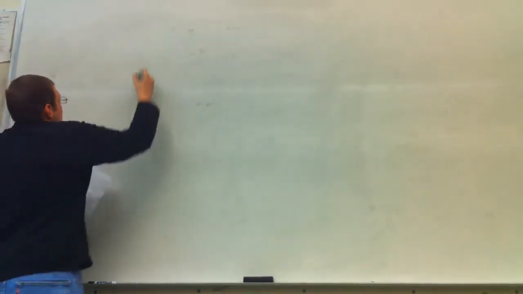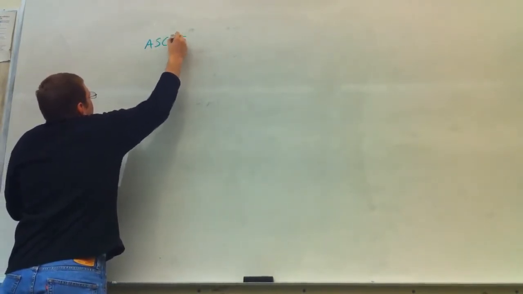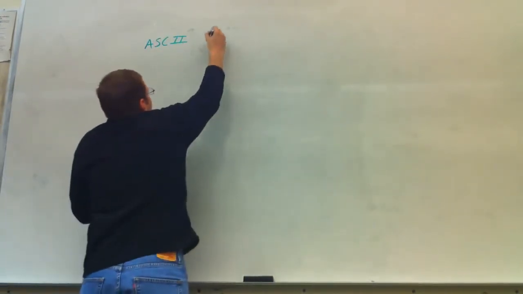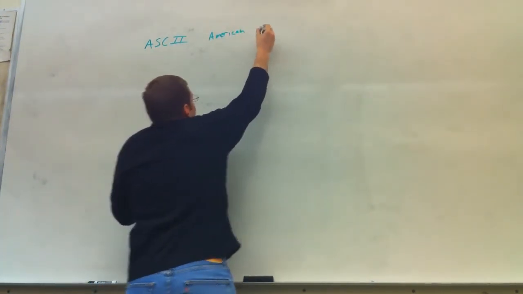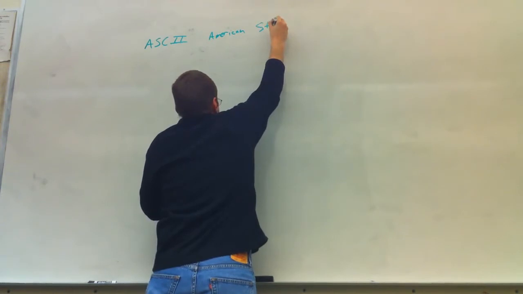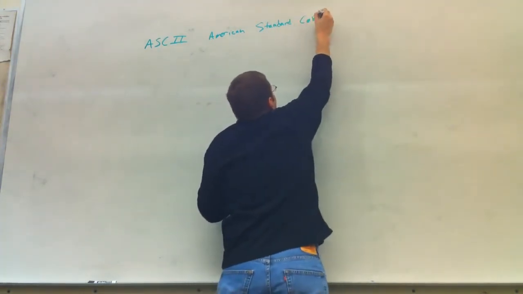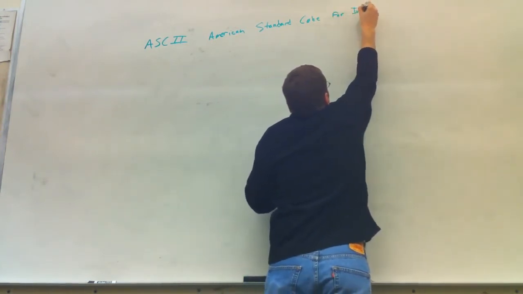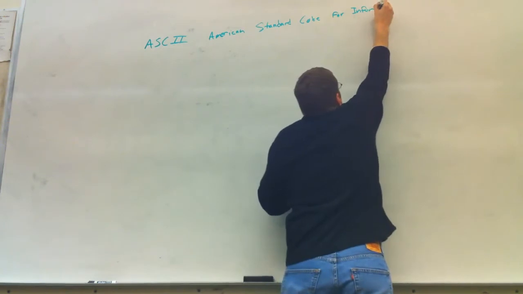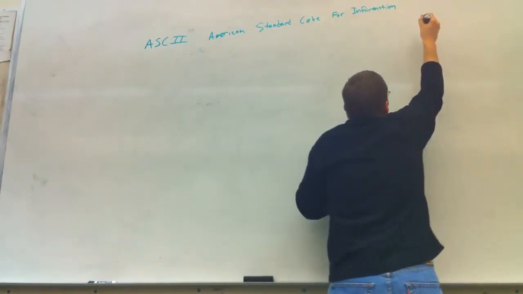Numbers to letters. And so we use a standard called ASCII. It's called the American Standard Code for Information Interchange.